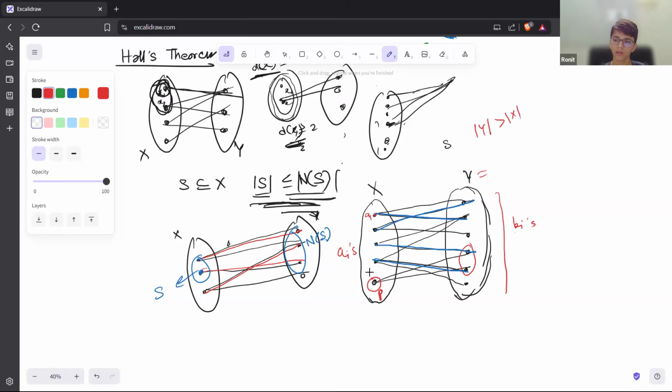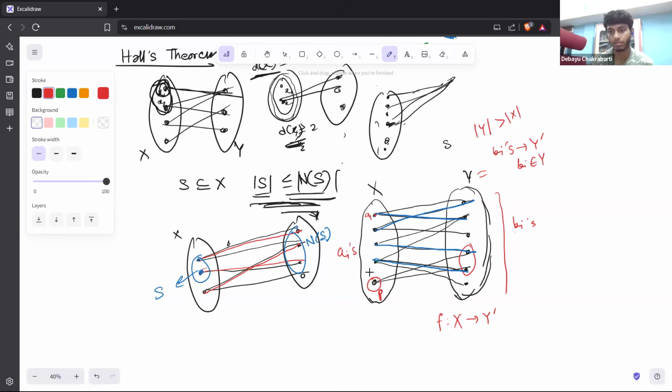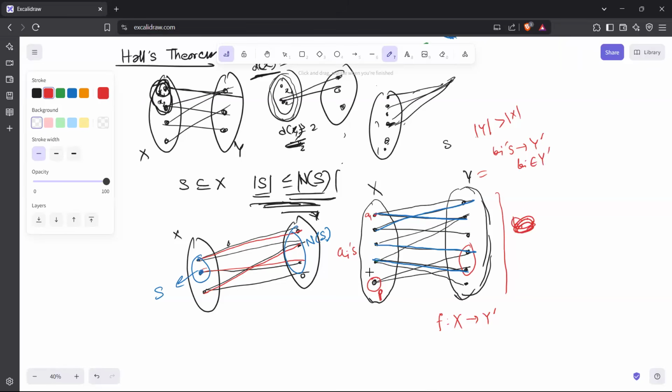Yes. Now the matching maps to some subset Y dash, and I think he's considering BIs to be those in Y dash. And you're assuming not everything in X is an AI. No, not everything in X.